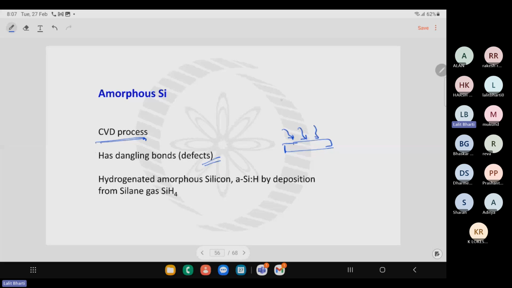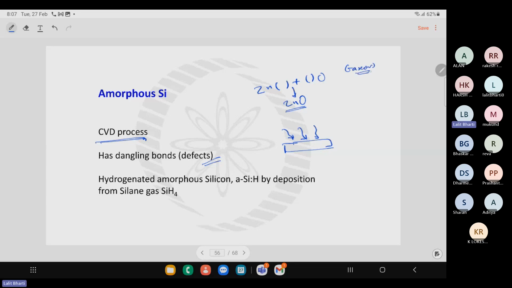Let's say you have some precursor of Zn reacting with something with oxygen, and you are getting ZnO. So ZnO is your product. Your ingredients will be in the gaseous form.